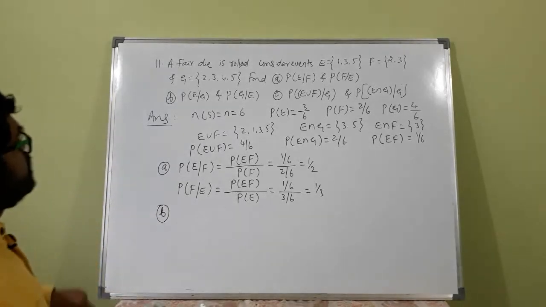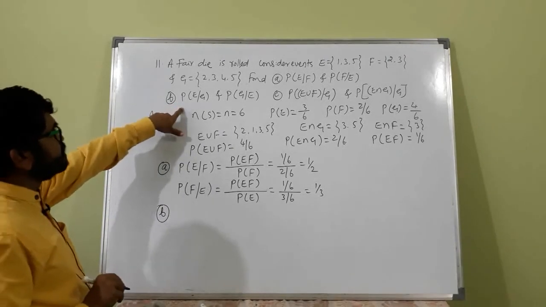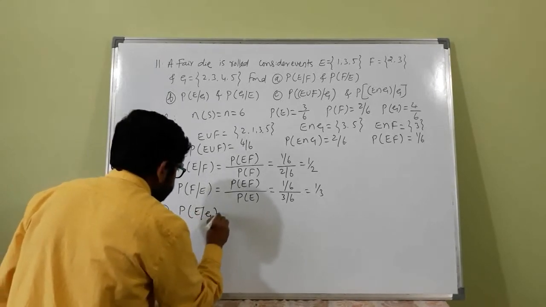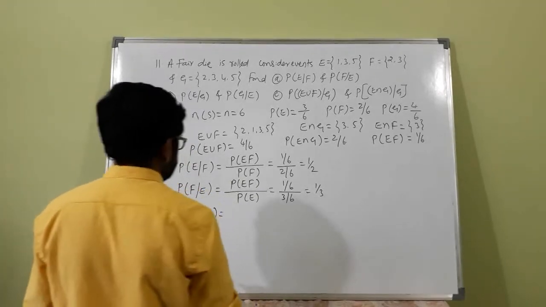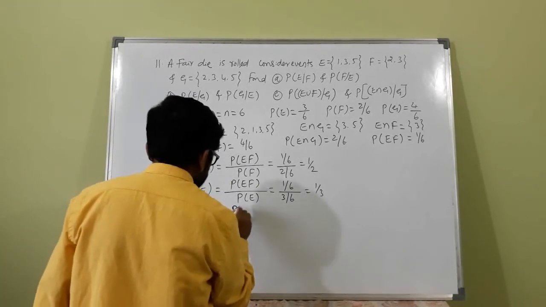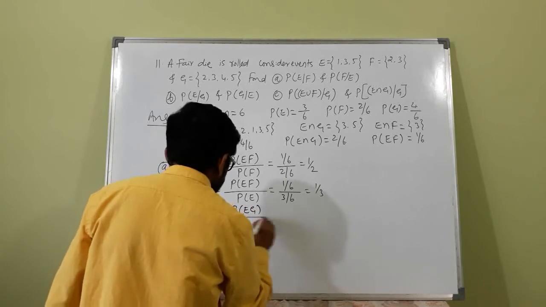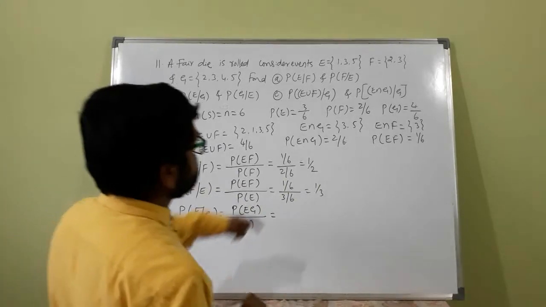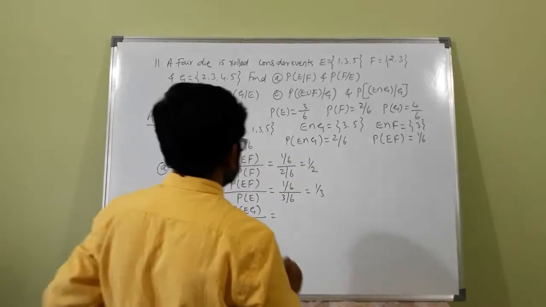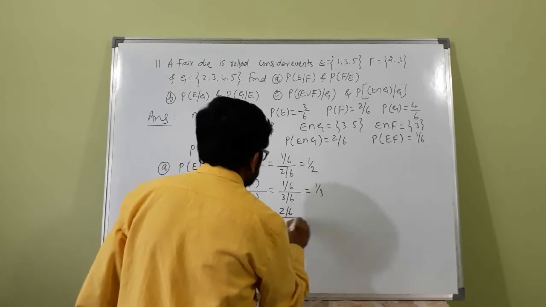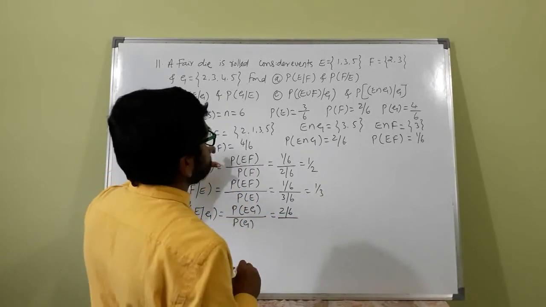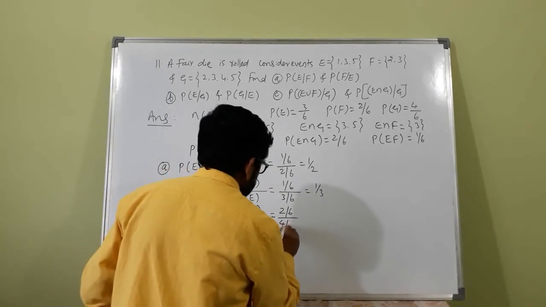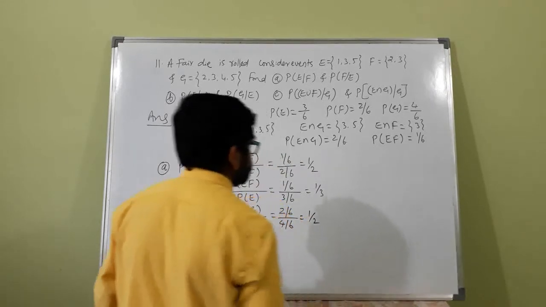Second question: E given G. Probability of E given G is equal to probability of E intersection G divided by probability of G, that is 2 by 6 divided by 4 by 6, that is half.